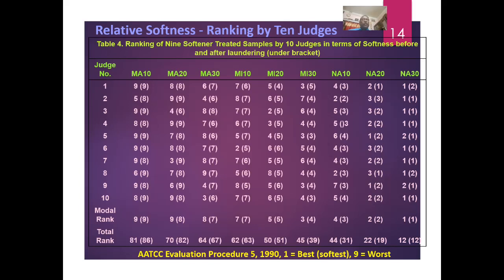If we see the total rank, there is no confusion for the first and second rank, but for third rank, the total rank for 30 grams per liter micro and 10 grams per liter nano are very similar, 45 and 44. So there is little confusion.